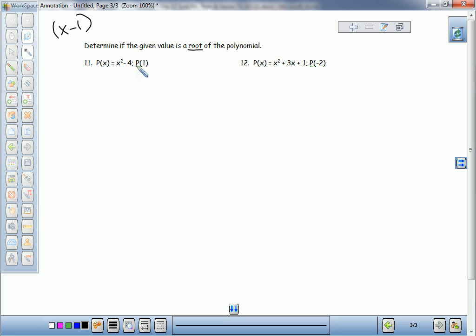And the quick way to do it, here, if we want to figure out if x equals 1 is a root, what we do is we take the function and we just plug in 1. Okay? When we plug in 1, this time I get 1 minus 4 is negative 3. So this one is not a root.